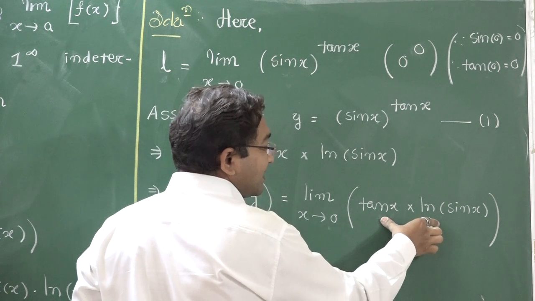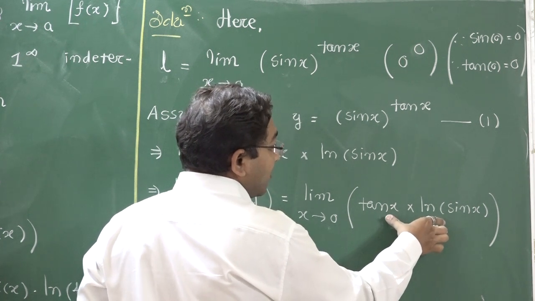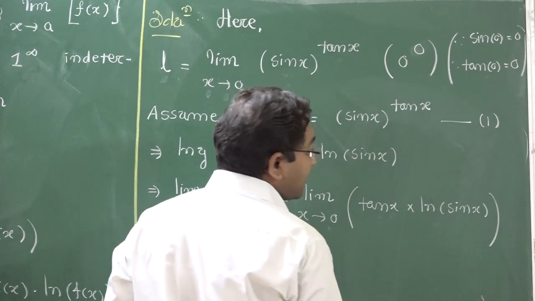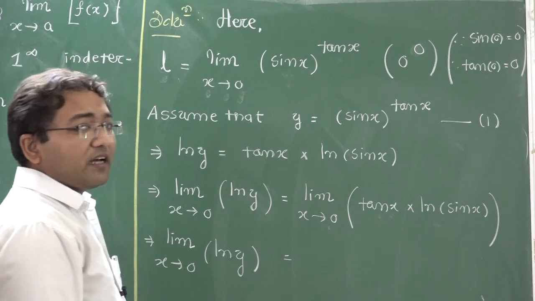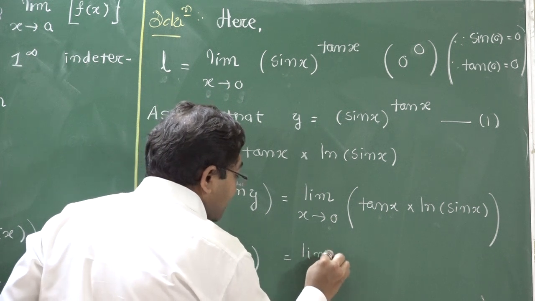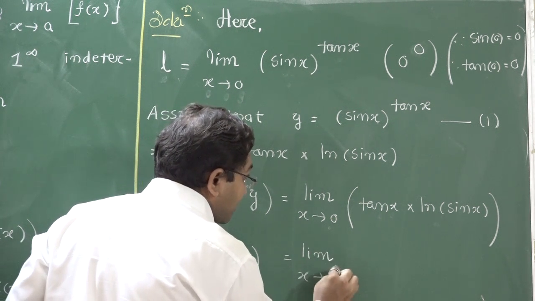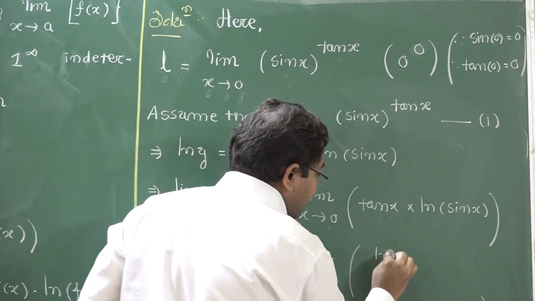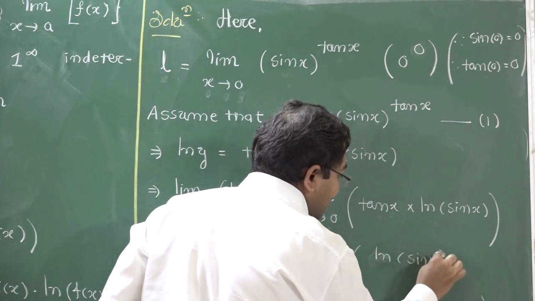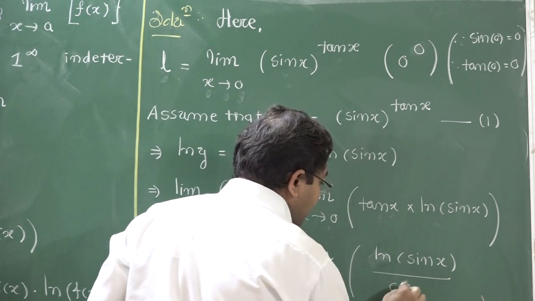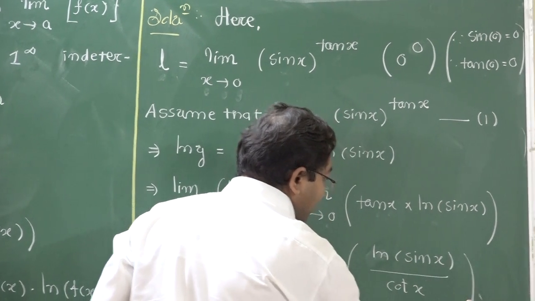As per our earlier discussion, when any expression is of the form 0 cross infinite, we convert it into either 0 by 0 or infinite upon infinite form. So that is limit x tends to 0 of ln sin x upon tan x, that means 1 upon cot x.